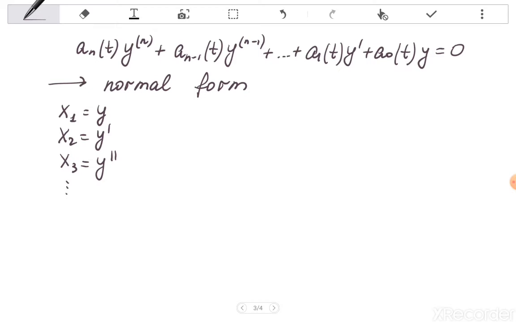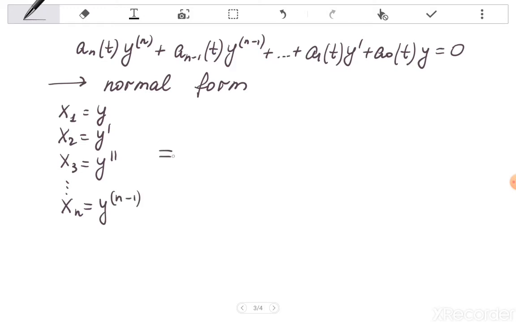And how many x will we have overall? There will be xn, which will be y to the derivative n minus first.